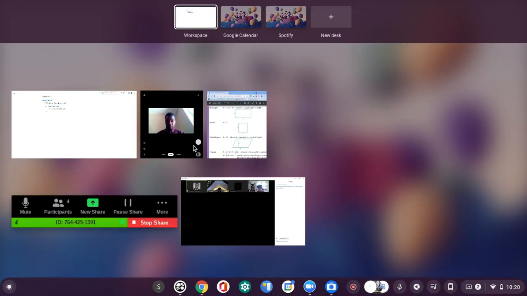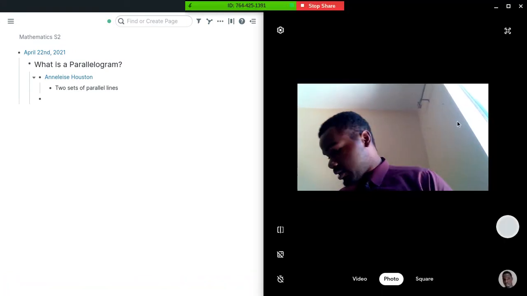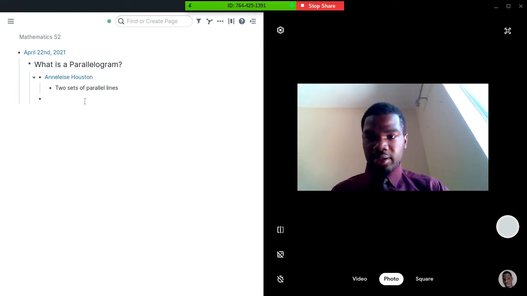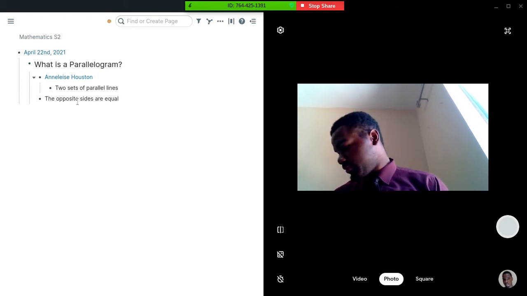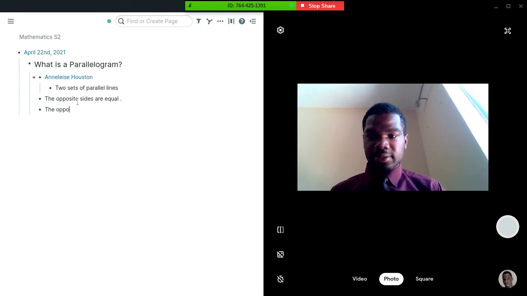Not only that, the opposite sides are equal. The opposite sides are equal. And the opposite sides are also parallel. Okay?